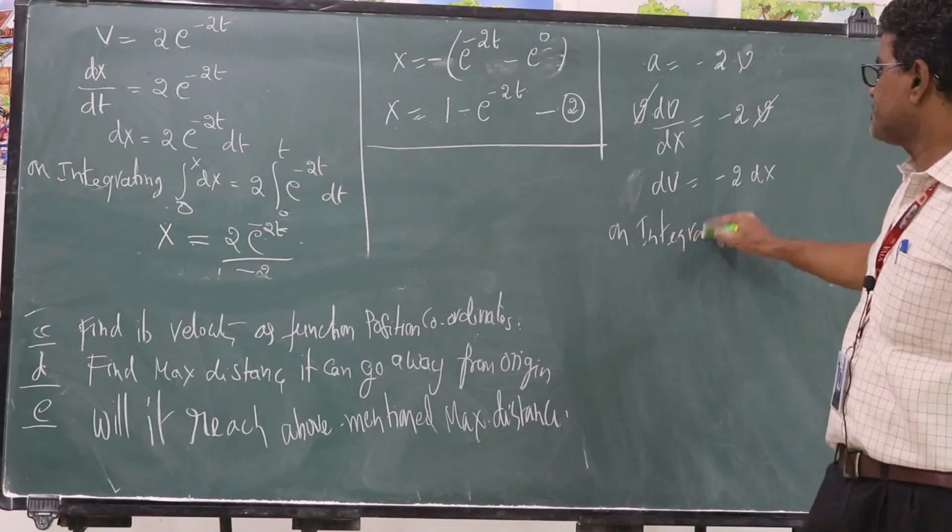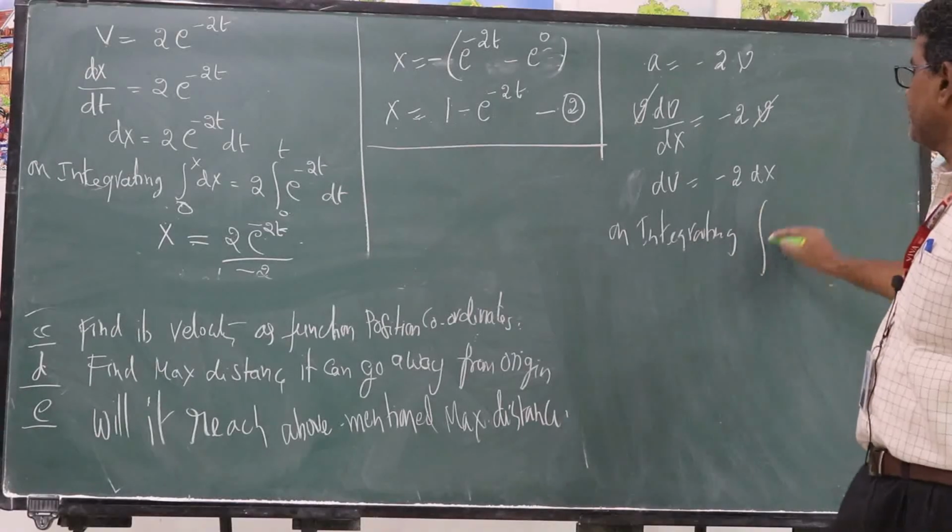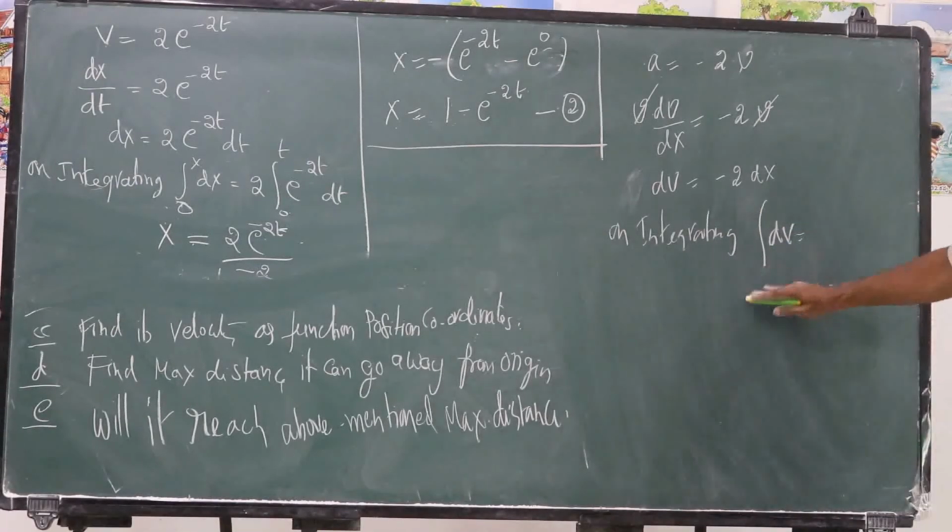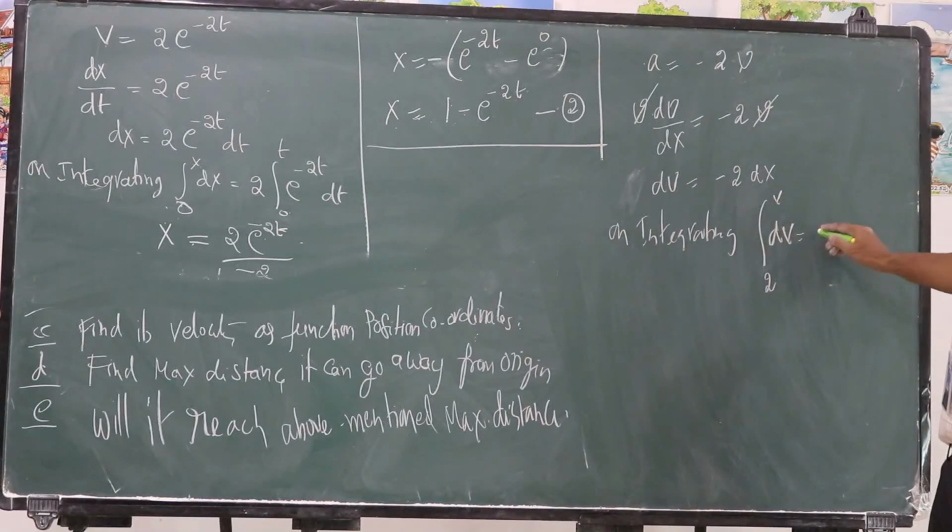On integrating, integral dv from initial velocity to final velocity v, equals minus 2 integral dx, from initial position origin to x.